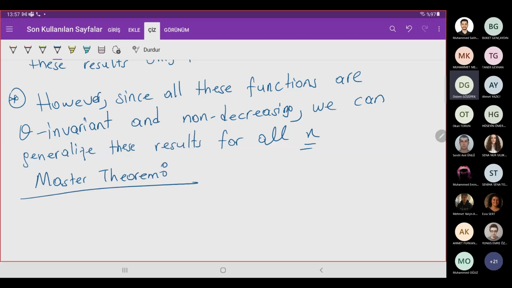So the master theorem is the following, and we will use it frequently, and many of the derivations that we made can be implied by the master theorem immediately, okay? Some of them.